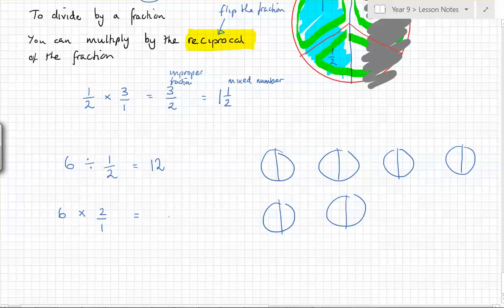People write 6 over 1 if they want to multiply. So then it becomes 6 times 2 over 1 times 1, which is 12 over 1, or just 12. So you can see how it works even when the first number is a whole number.